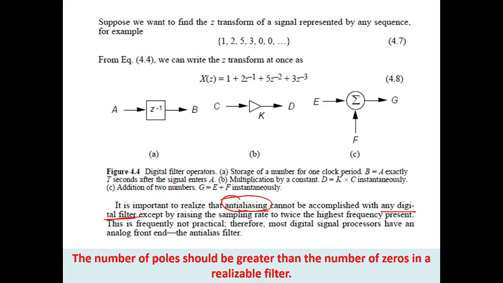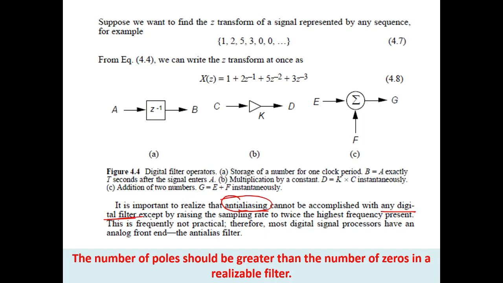Okay, if a signal is corrupted due to aliasing, you cannot make it a perfect signal in the digital domain. For such signals, the way to avoid acquiring any alias signal is that you have to increase the sampling rate. Okay, you have to increase the sampling rate.